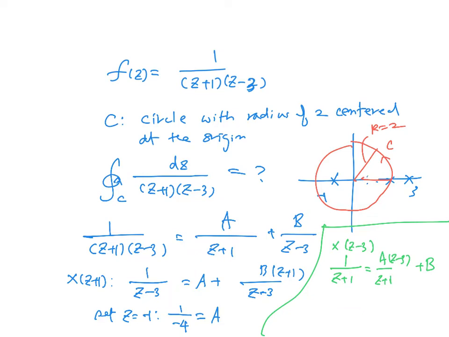So we set z equal to 3. Then when you set z equal to 3, this part disappears, right? So we have only b. So b is actually 1 over 4, and a is minus 1 over 4.